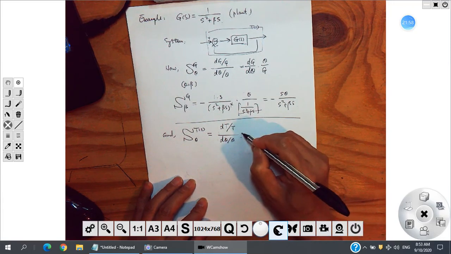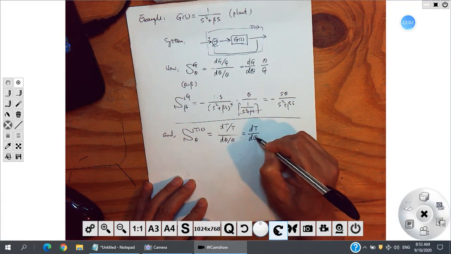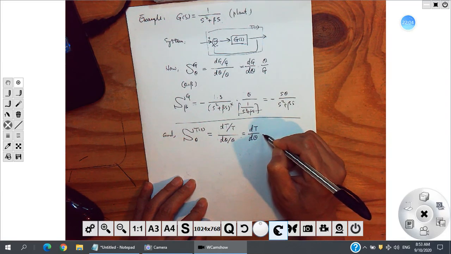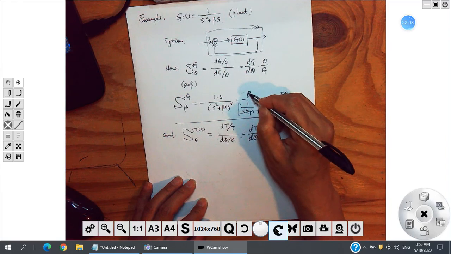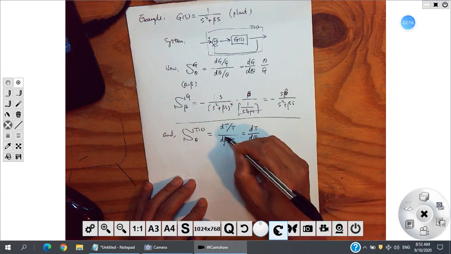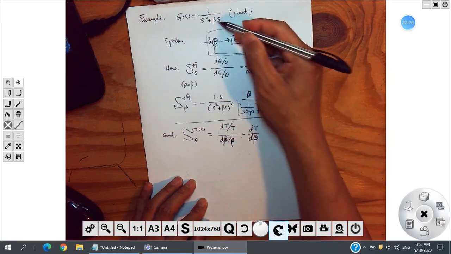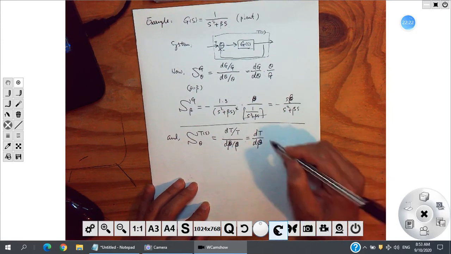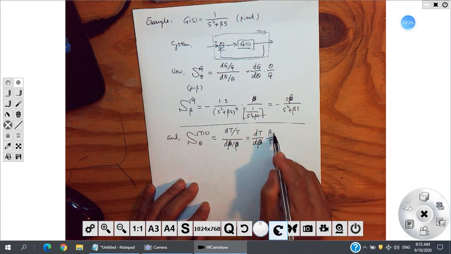So this time it is dT over d theta. Theta is beta. I confused. Sorry, theta is a beta. That's a beta. Times beta over T. Right, beta over T.